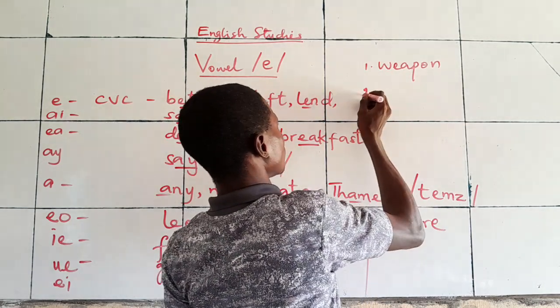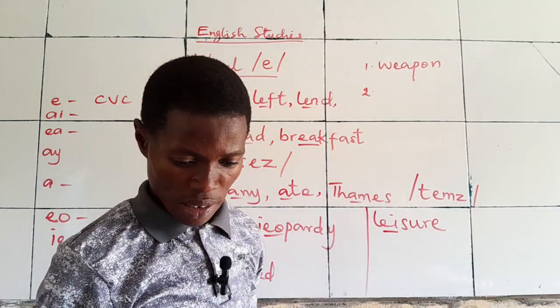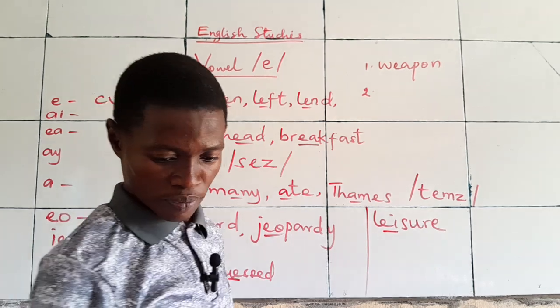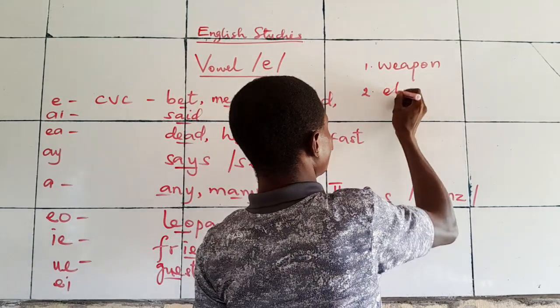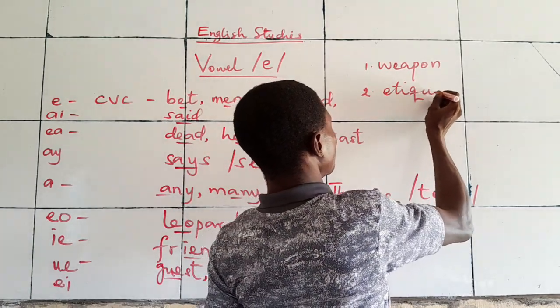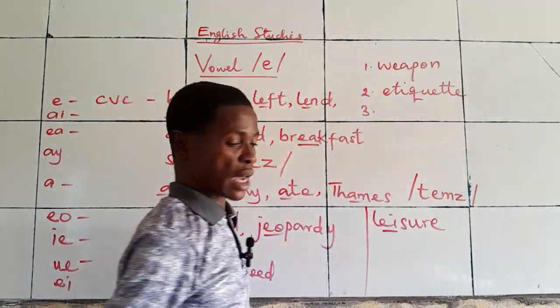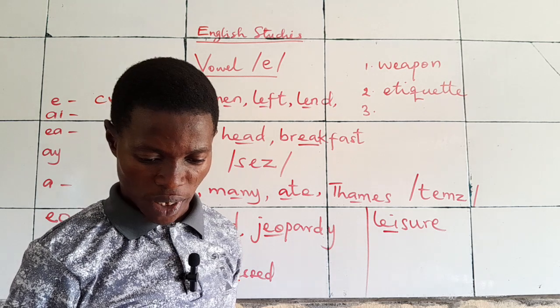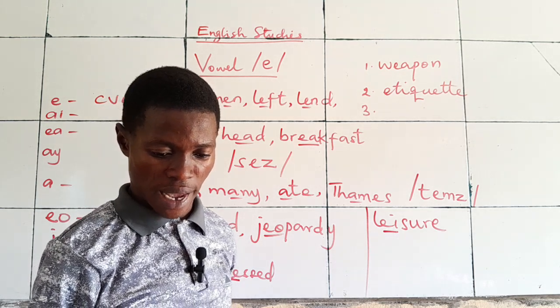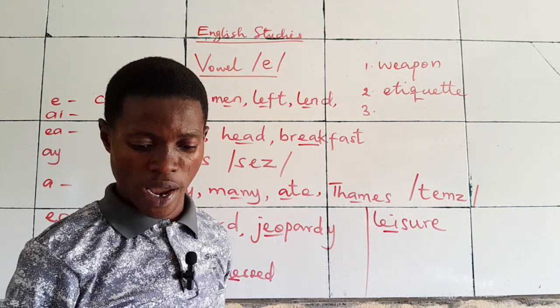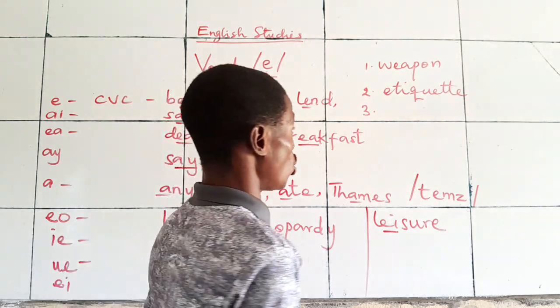That is one. Number two, E-T-I-Q-U-E-T-T-E. I'm not going to pronounce them. You can pronounce it yourself and just guess and tell me whether we have E there or not.